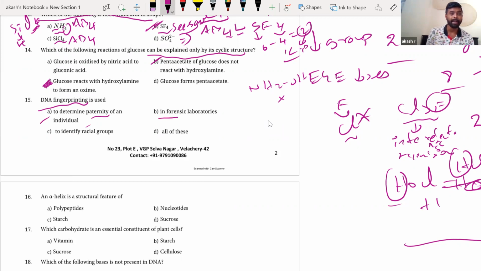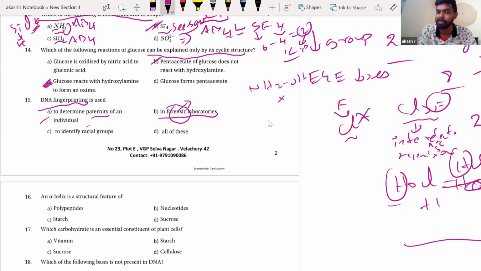Okay, next. In forensic laboratories, what do we mean by forensic analysis? When a murder happens, you would have seen that they put some powder, dust it, and basically go for fingerprints. DNA fingerprinting is different from fingerprints.